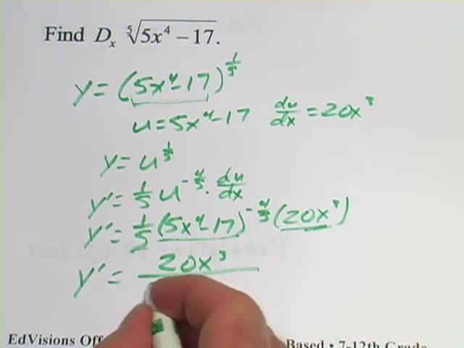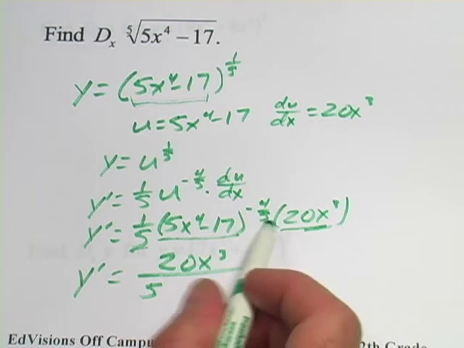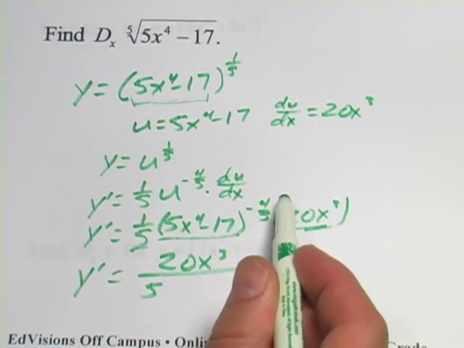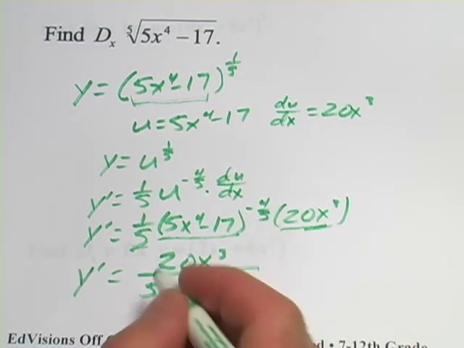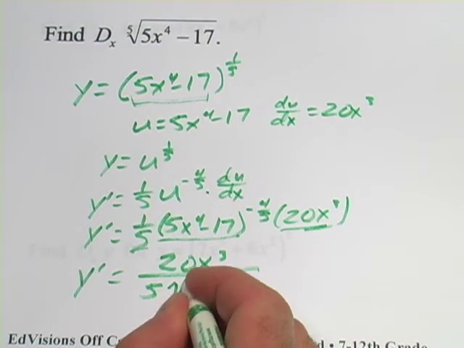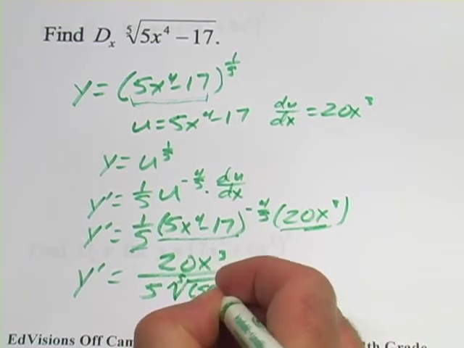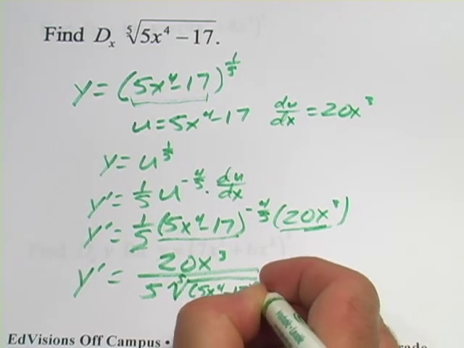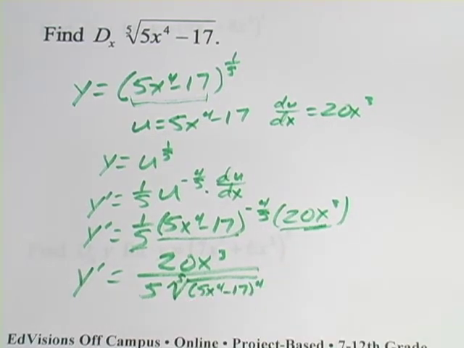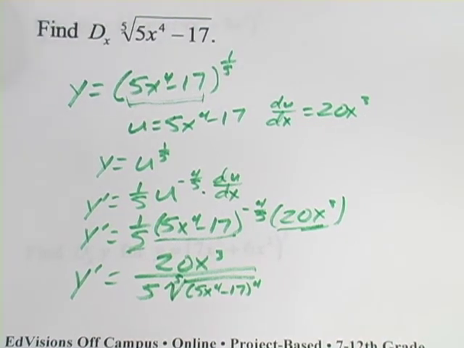And on the bottom I get 5 times the 5th root of quantity 5x to the 4th minus 17 to the 4th power. So that's how to write that 4/5 power. So there is a little bit of work with the chain rule.